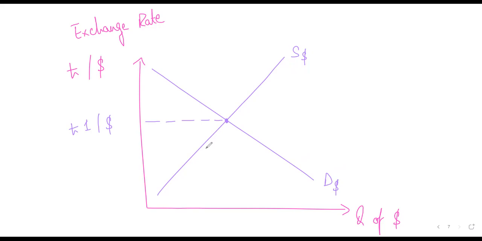Now think about this. Who will demand dollars? Now listen to this very carefully. People who don't have dollars, but want to make a transaction with the USA. Like think about this. Every time a student goes to the USA, can he or she make transactions in the local currency?